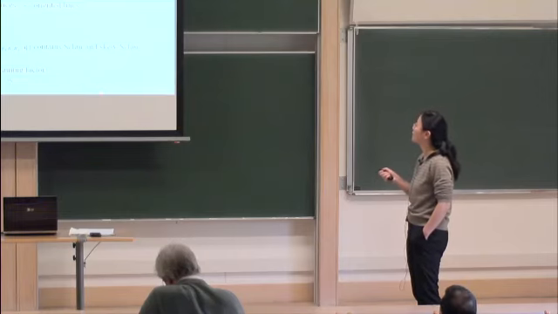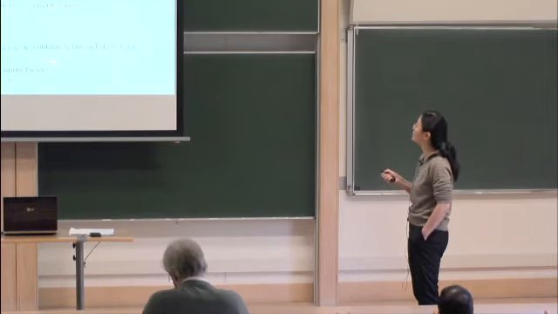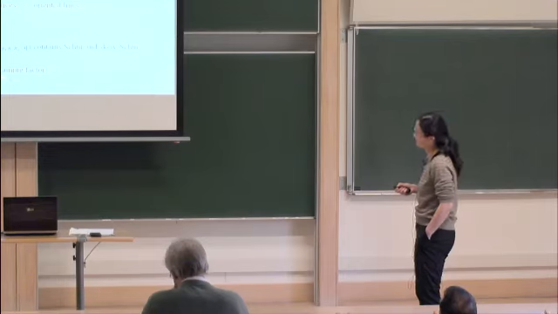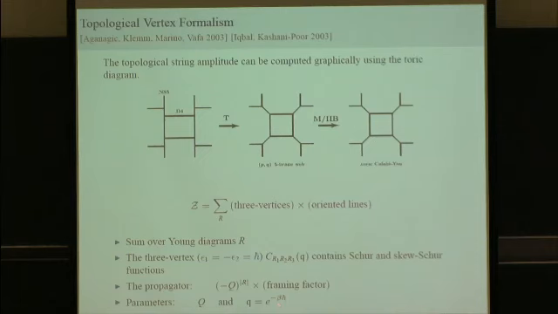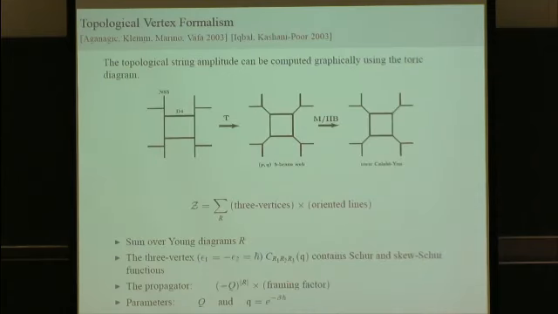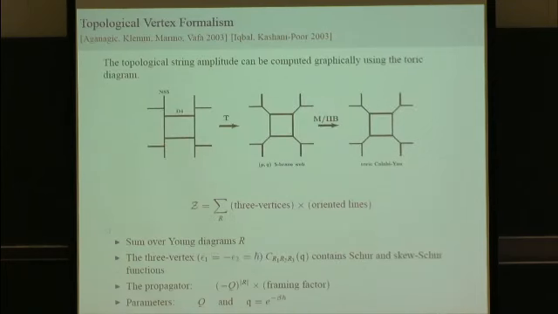While for the internal lines, which are the propagators, the contribution depends on this parameter Q attached to each of these lines, and also on a framing factor, which depends on something that people typically call small q, where beta is the radius. It's the same beta as this one here, and h bar is when you put epsilon 1 equal to minus epsilon 2 equal to h bar.